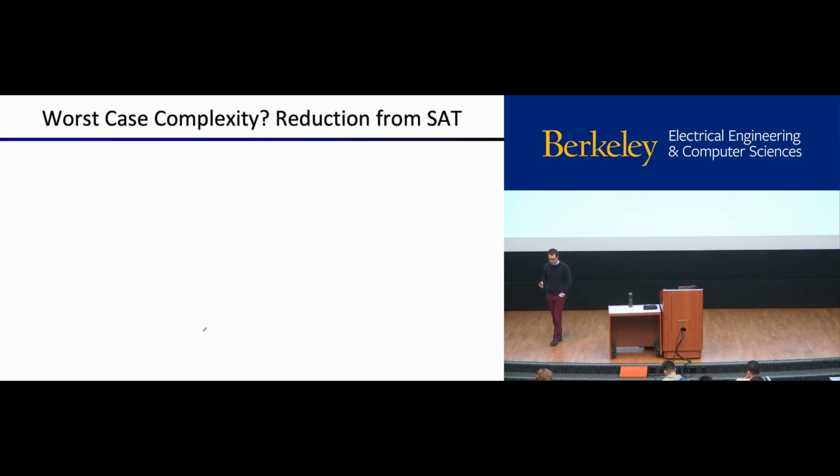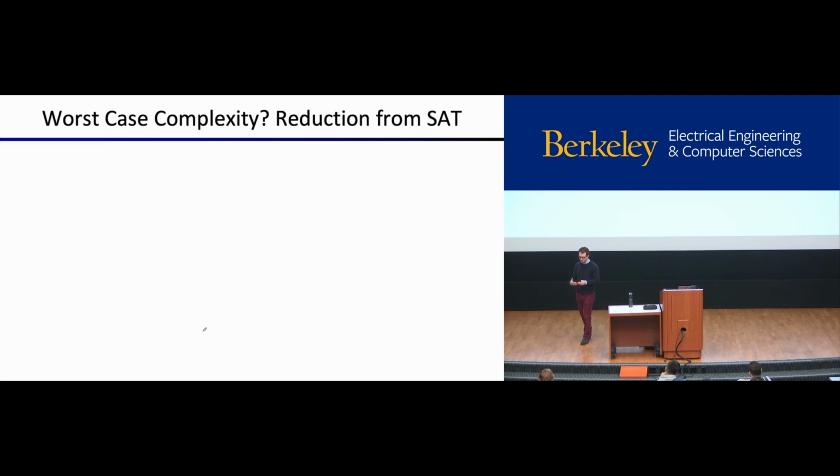So if we know SAT is hard, and we want to know, is variable elimination hard? How can we use our knowledge of SAT to help us determine whether variable elimination is hard? Well, we know SAT is hard, so imagine that we could solve SAT using variable elimination. So we're going to try to reduce SAT into variable elimination.